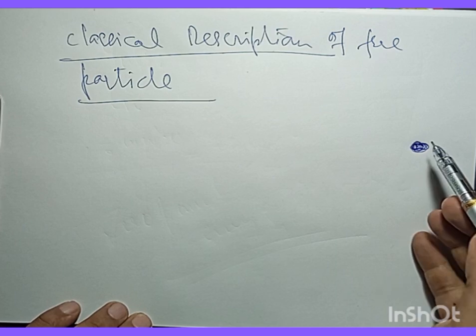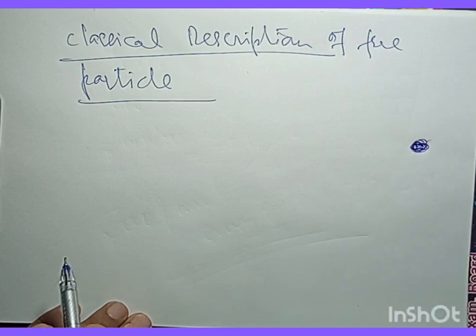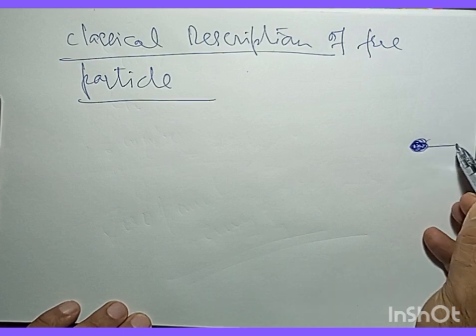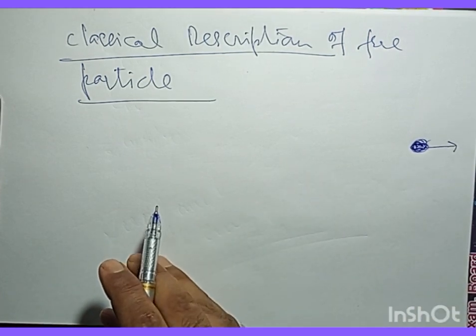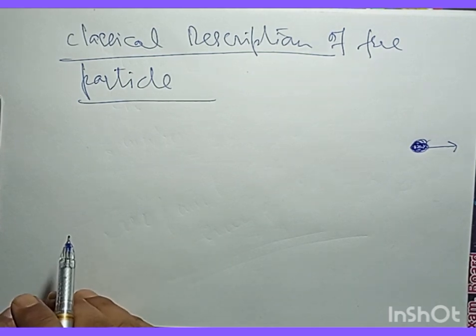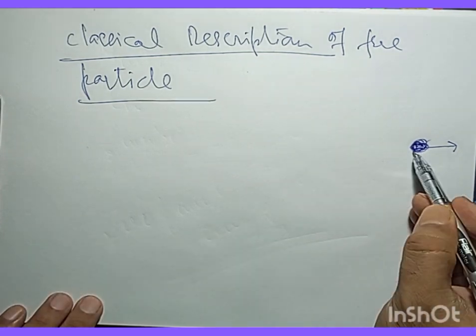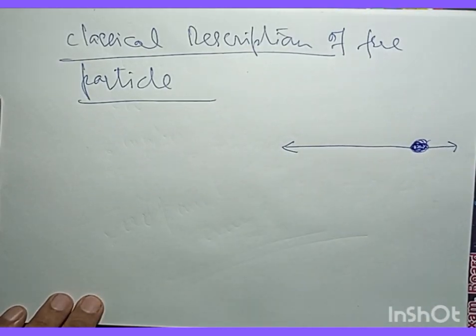Since no external force is acting on this particle, its motion is straightforward. It's going to go straight forward, because no force is acting on it. So this is my classical description of a free particle. It will keep on moving in a straight line, if the particle is in motion at all.